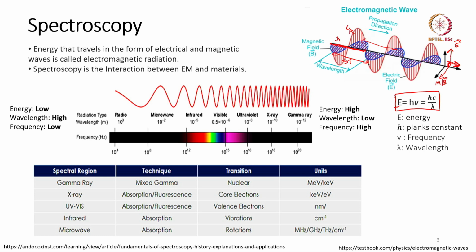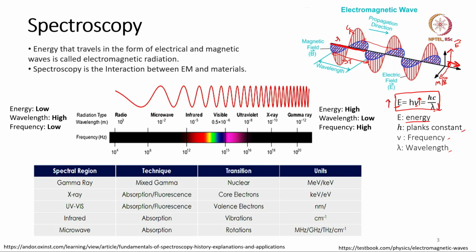Here E is the energy of the EM waves, nu is the frequency, lambda is the wavelength of the EM waves, and h is Planck's constant. According to this relation, if we increase the energy, the frequency, being directly proportional, would also increase, but the wavelength is inversely proportional, so the wavelength will decrease.